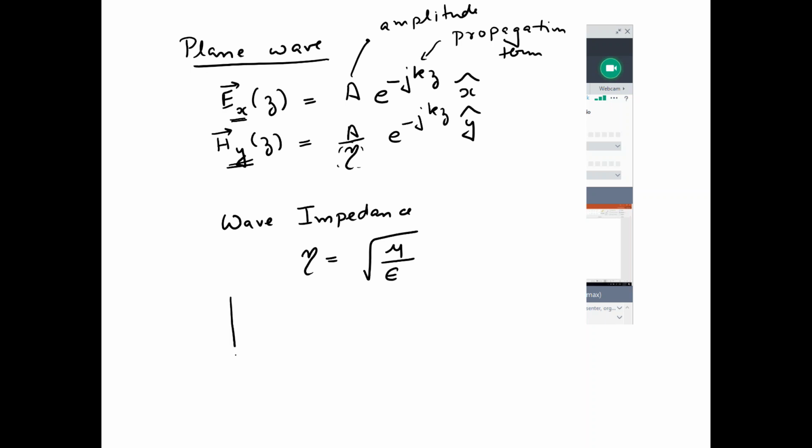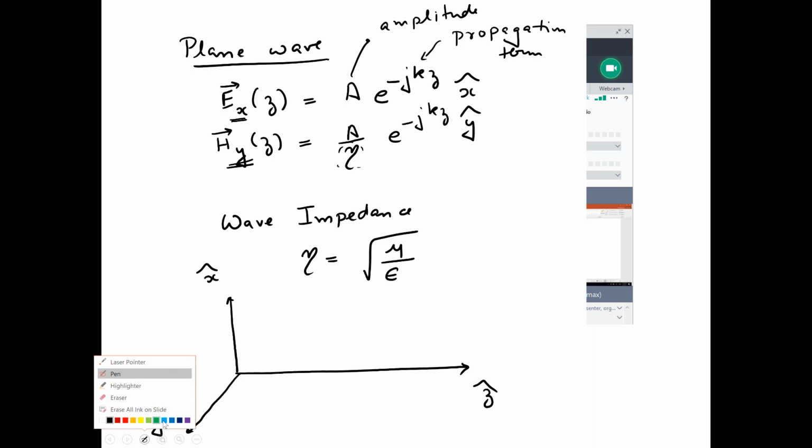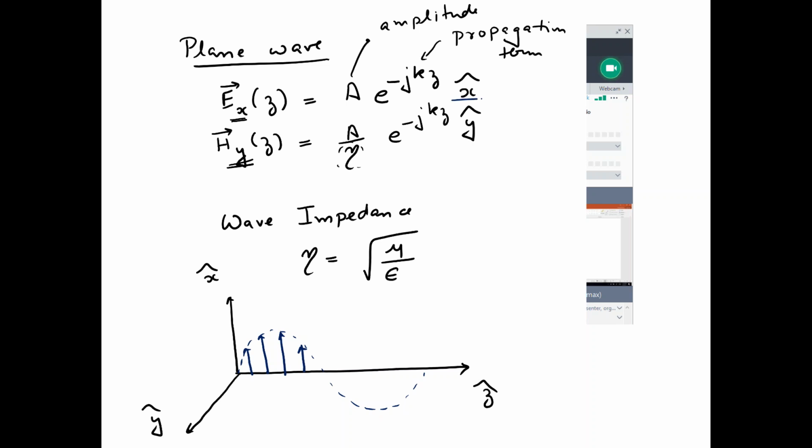Effectively, if we were going to draw it, with direction x here, direction y here, and direction z, I would have an electric field that varies in z, and e to the minus j k z is nothing but a sinusoid. It would vary in z sinusoidally. It is a vector, so it would be pointing in the x direction.